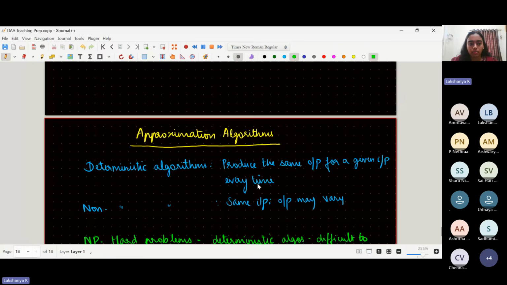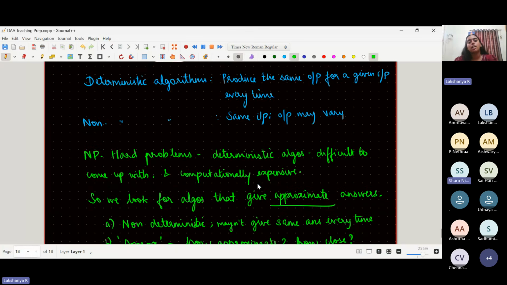Before I go to approximation algorithms, I'll give you some context. Yesterday I mentioned that I'll talk about deterministic and non-deterministic in the next session, right? You might have been taught this in your earliest DAA classes itself. Deterministic algorithms produce the same output for a given input every time.